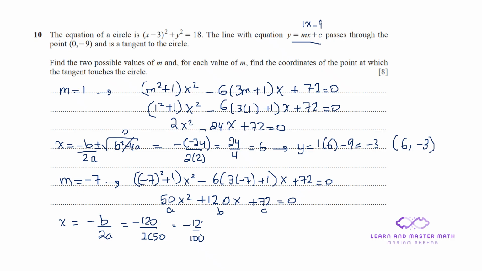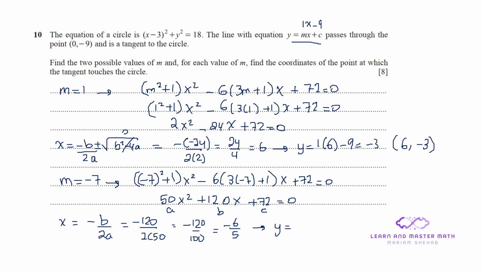Sorry, minus 120 over 100. This is equal to, as a fraction, 6 over 5, minus 6 over 5. Okay, and the corresponding y for this will be y equal mx plus c.